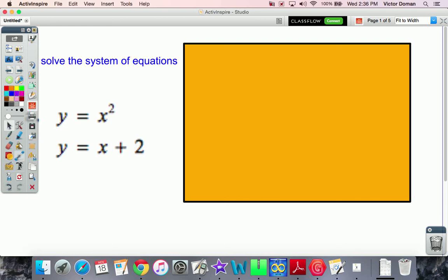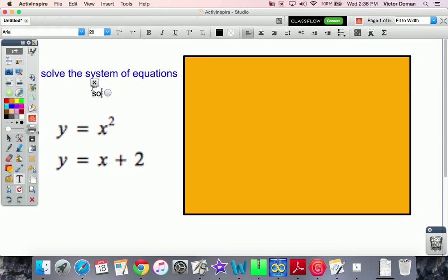I guess we could call it solve the simultaneous equations. Or I suppose I could say find the intersection. Or I guess I could say solve for x and y.